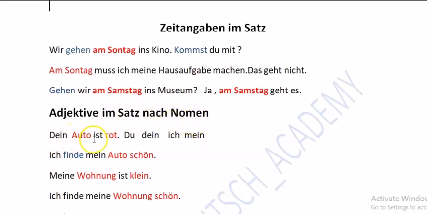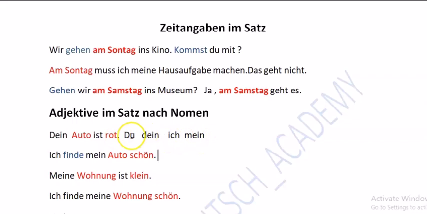For example, dein Auto ist rot. It means your car is red. It means your car has red color. Here the information is given about du, dein, ich, mein.